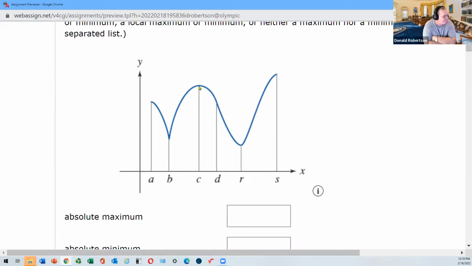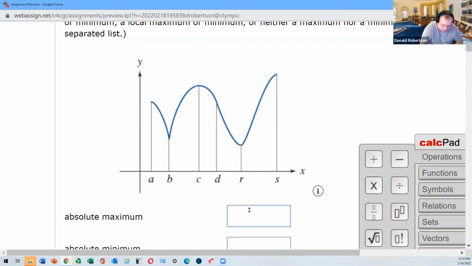What's the name? Local maximum. Agreed. Now, it could have been an absolute maximum, but would you agree that this guy at the end at S is bigger than anybody else, right? You see the one at S, isn't that point higher up than anywhere else in the curve? So the absolute maximum would be at S.